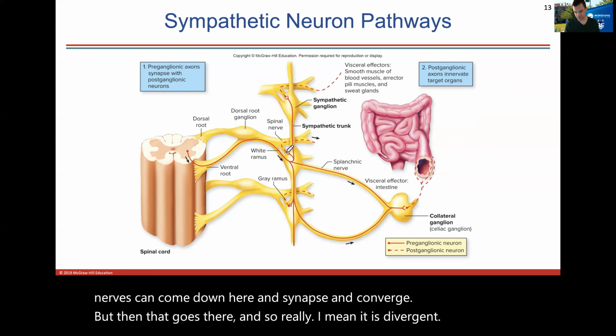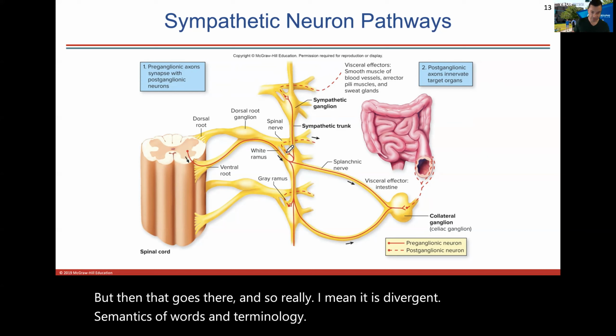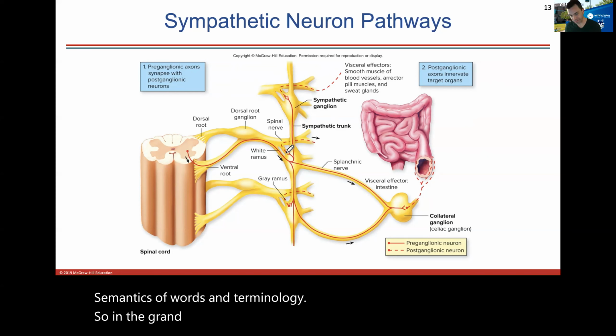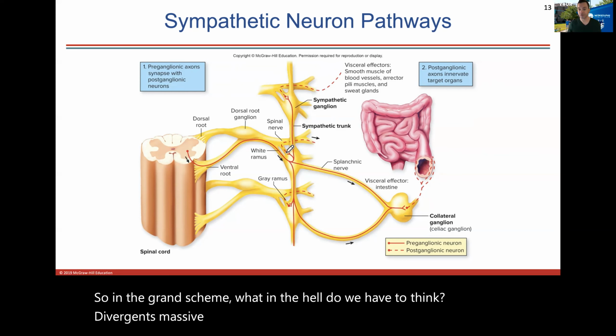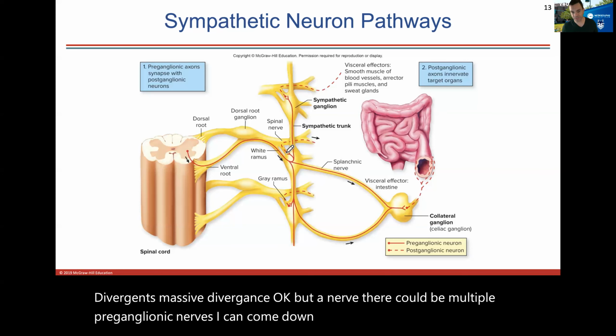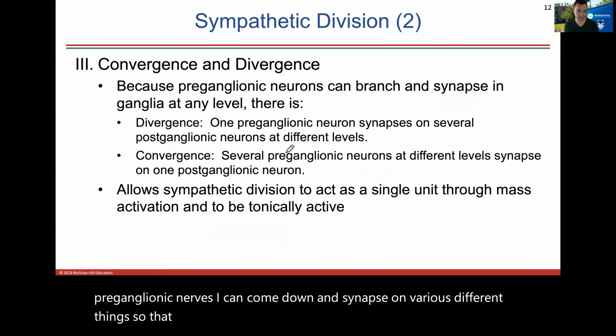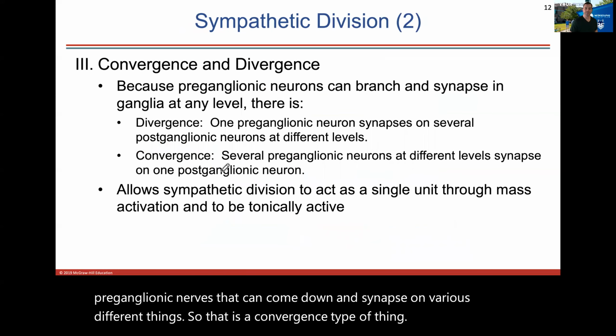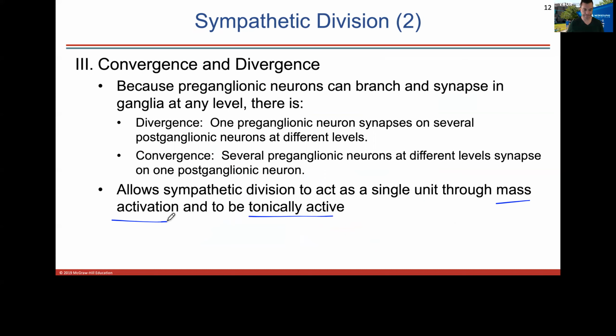Semantics of words and terminology. So in the grand scheme, what do we have to think? Divergence, massive divergence. But there could be multiple preganglionic nerves that can come down and synapse on various different things. So that is a convergence type of thing. Mass activation. Turn it all on.